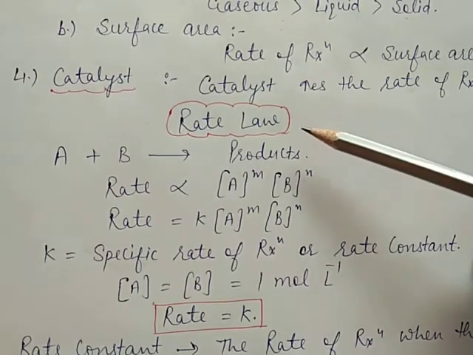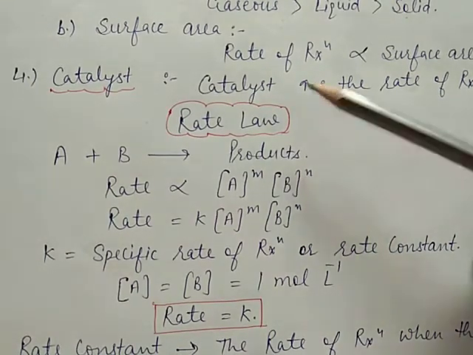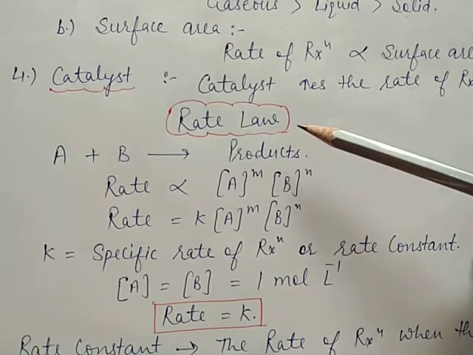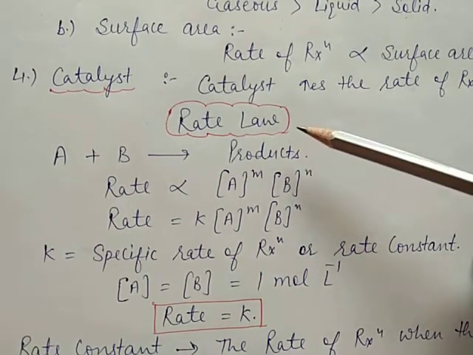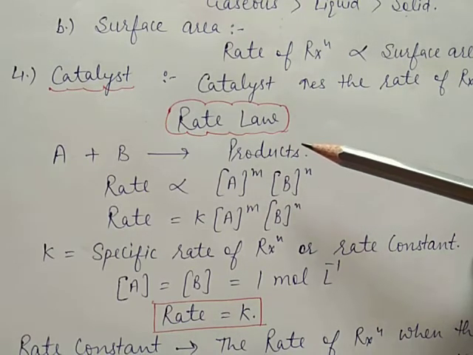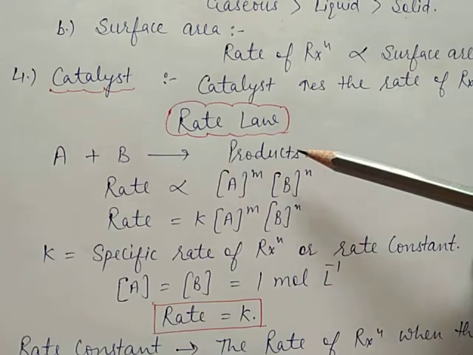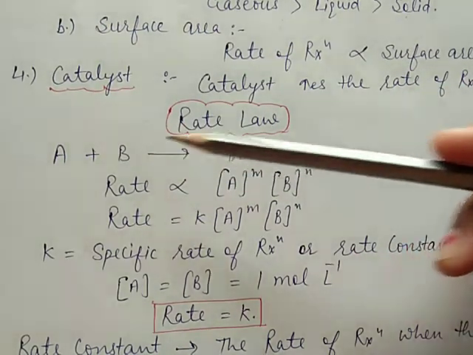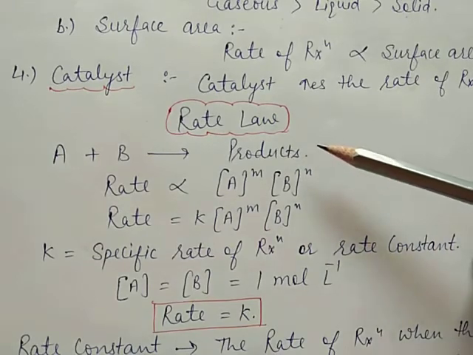Now the next topic is rate law. Rate law is experimentally determined, and shows the relation between the rate of reaction and the concentration of reactants. Suppose A and B are the reactants and they change into product.